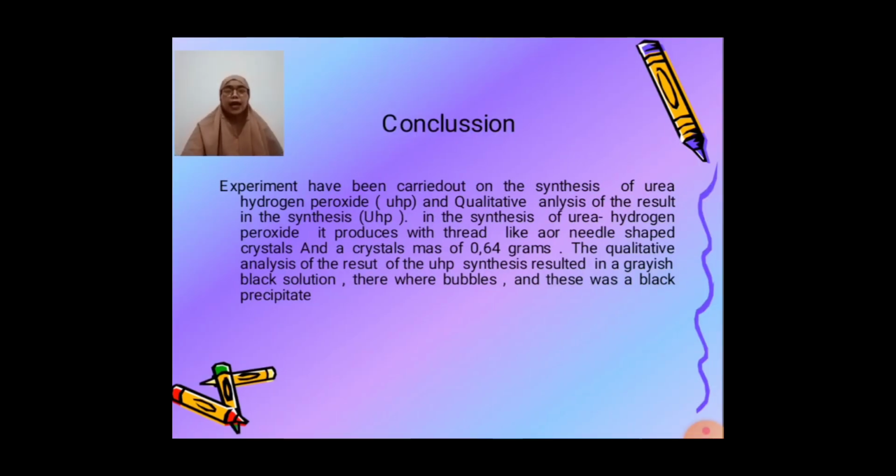Conclusion. Experiments have been carried out on the synthesis of urea hydrogen peroxide and qualitative analysis of the result of the synthesis. In the synthesis of urea hydrogen peroxide, it produced a product with thread-like, needle-shaped crystals and a crystal mass of 0.64 grams.